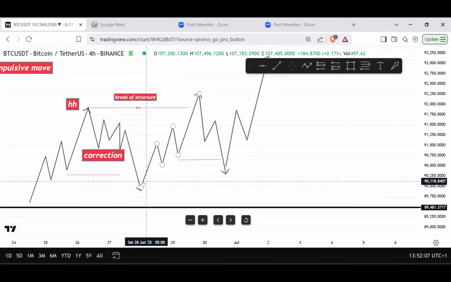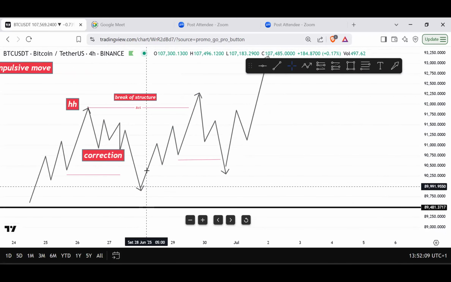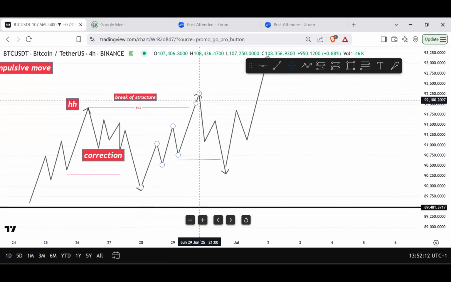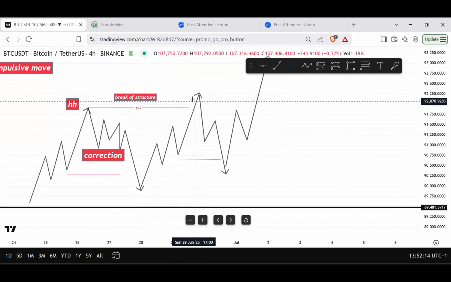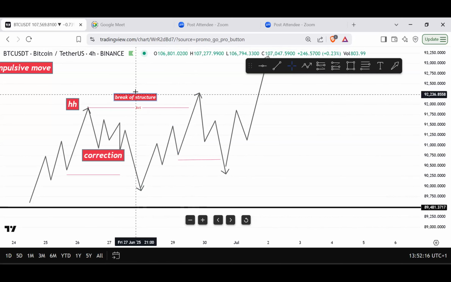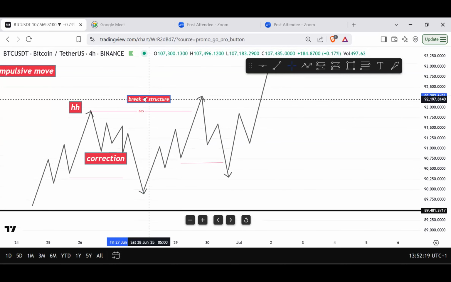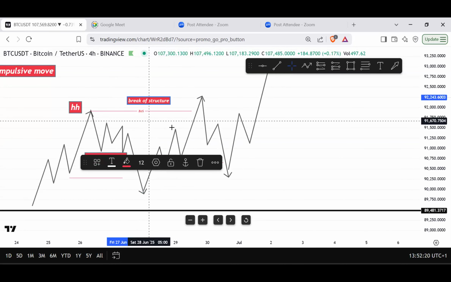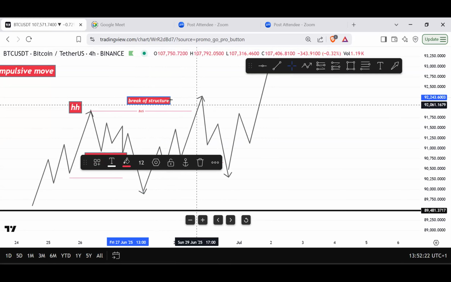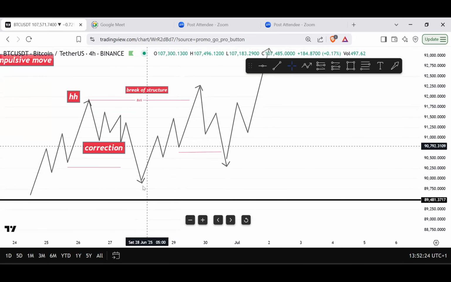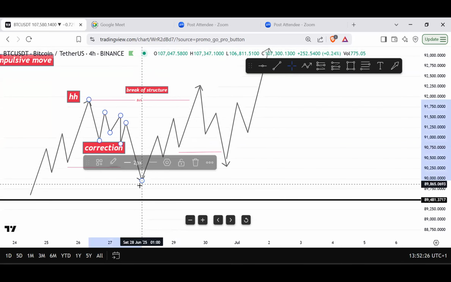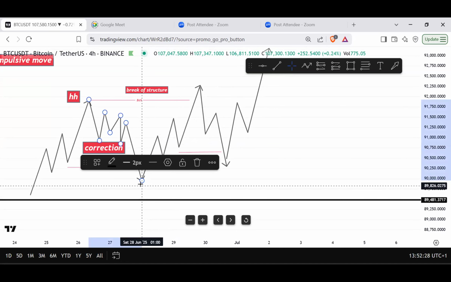So you can see that you have to see the second move crossing the first before we can confirm break of structure. Once we see break of structure form, that's when we say, okay, this is the lowest point of the correction.